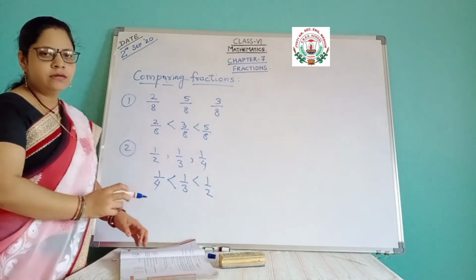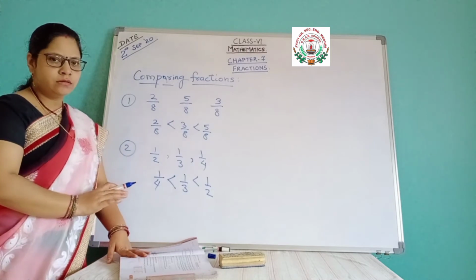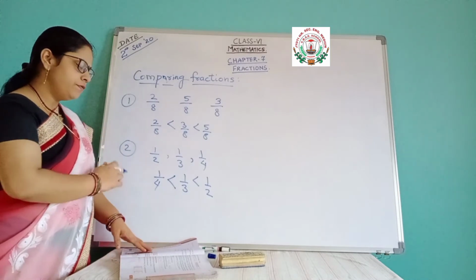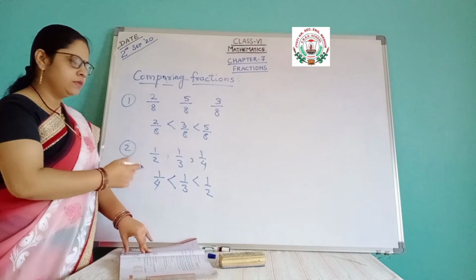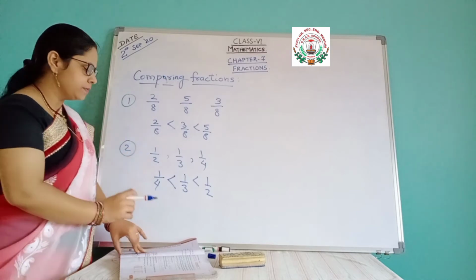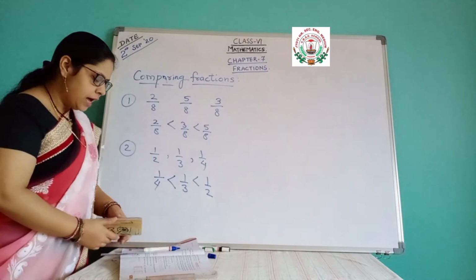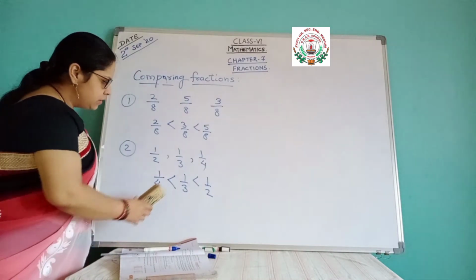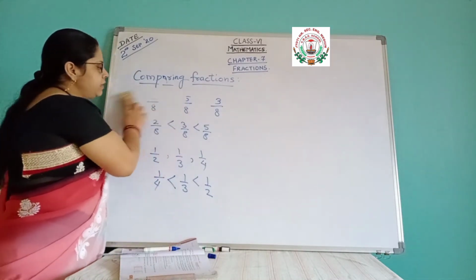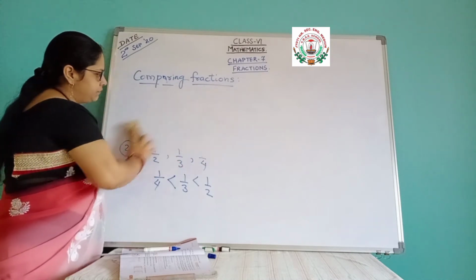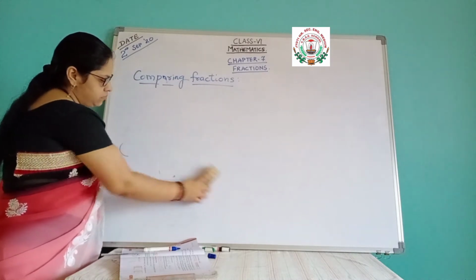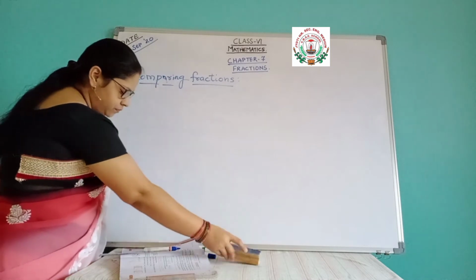Similarly, if any numerator other than 1 is there, and all three are the same, then also it will go in the same manner. Now comparing unlike fractions, meaning if numerators are different and denominators are also different, then how will you go?